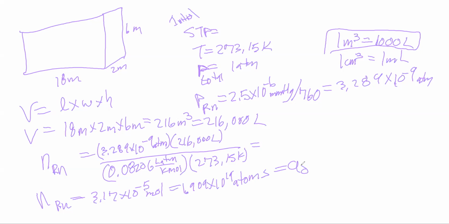Because it's a first order reaction, what we want to do is find our K. Now we know that the half-life is ln2 over K, and we know that our half-life is 3.8 days.